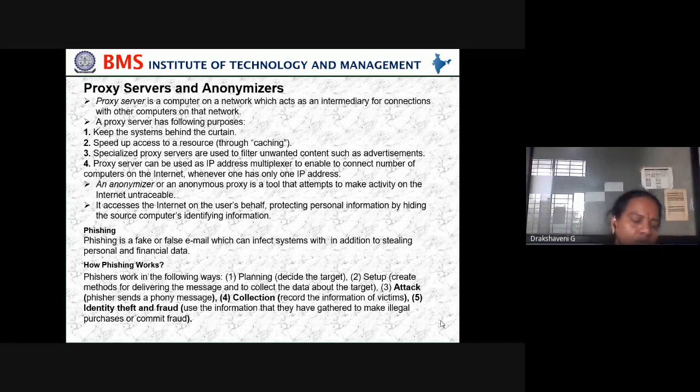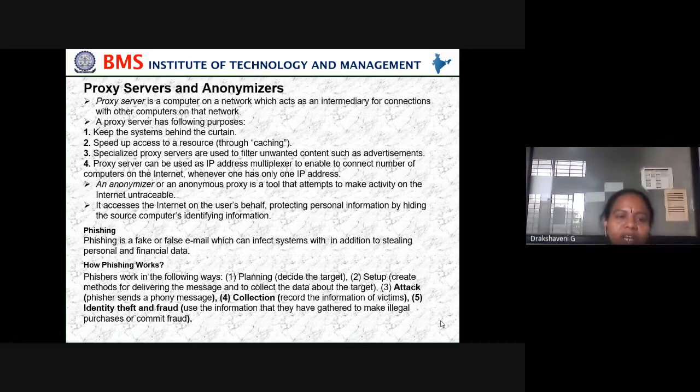Specialized proxy servers are used to filter unwanted content such as advertisements. And a proxy server can be used as an IP address multiplexer to enable a number of computers to connect to the internet whenever one has only one IP address.